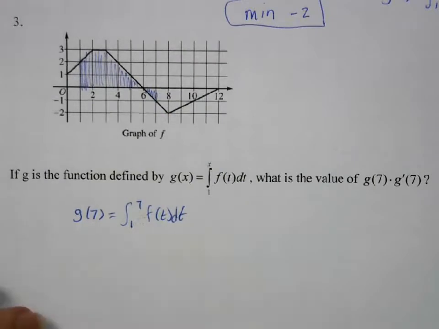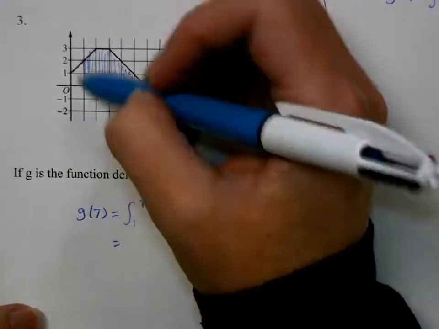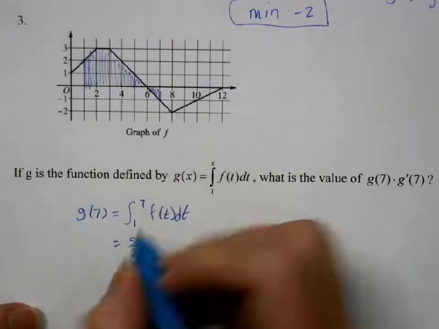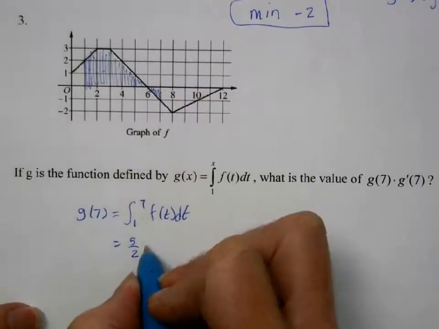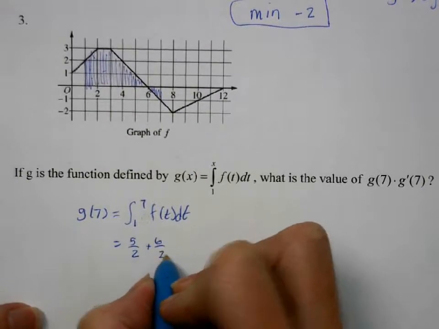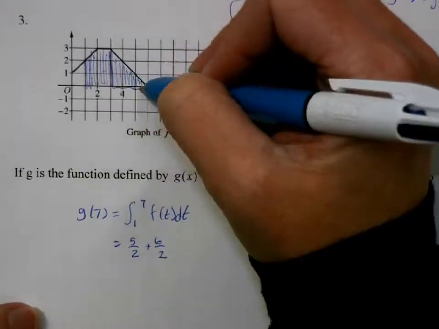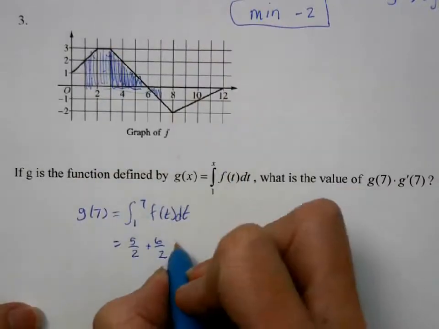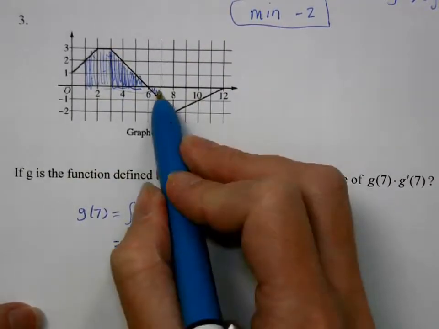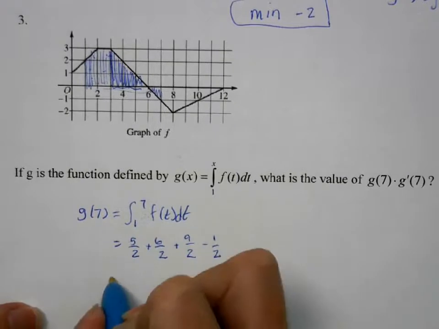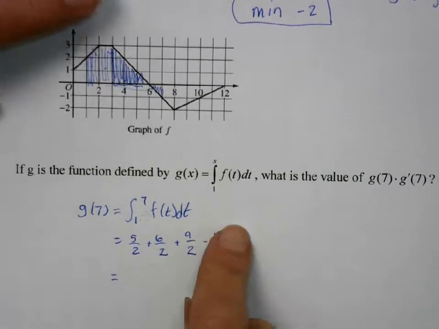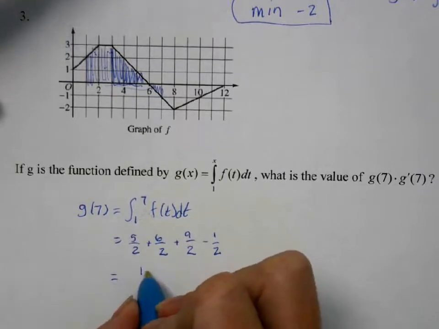So we can count squares, we can do this. So here I've got 2.5, which would be 5 halves. There's 3, which is going to be 6 halves. This part here is going to be 1/2, 3 times 3, so 9 halves. And then we're going to subtract a half. So we're going to have 11 plus 9, which is 20, minus 1 is 19 halves.